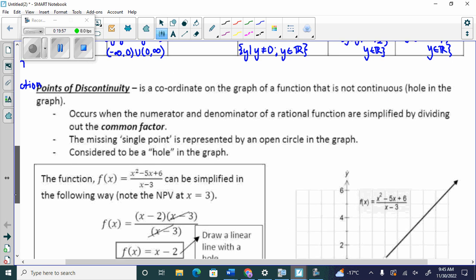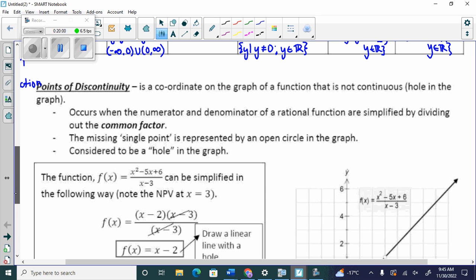So here, a point of discontinuity is a coordinate on the graph of a function that is not continuous. It's a hole in the graph. So the graph looks like it's continuous. On your calculator, no matter how much you zoom in, you're not going to see a gap. The only place you're going to see the gap is in the table of values, or if you go second trace, x is this, and it will tell you there's no y, because there's actually an open spot.